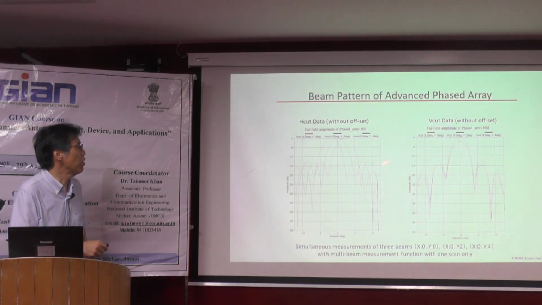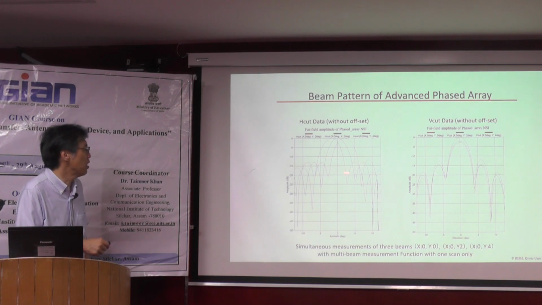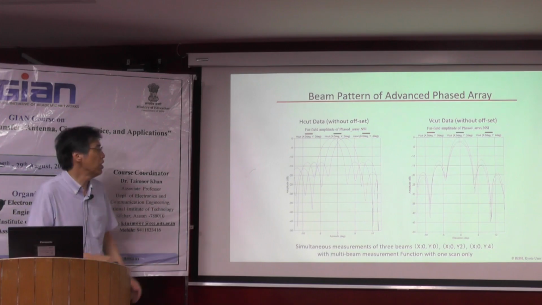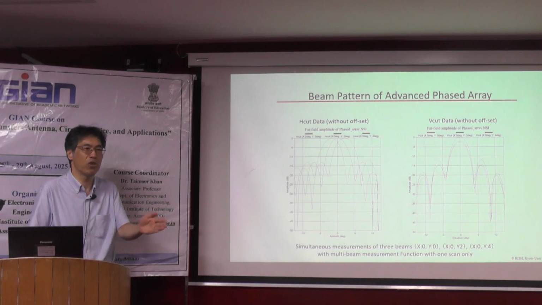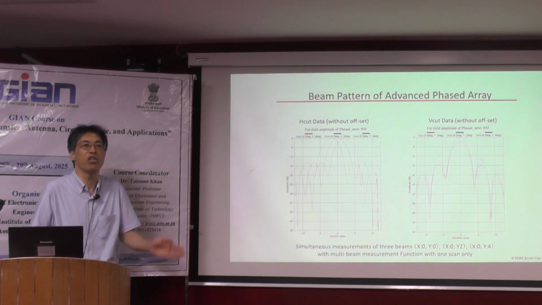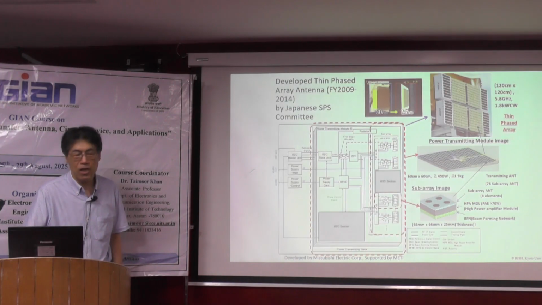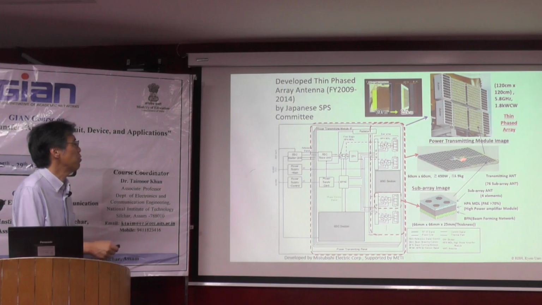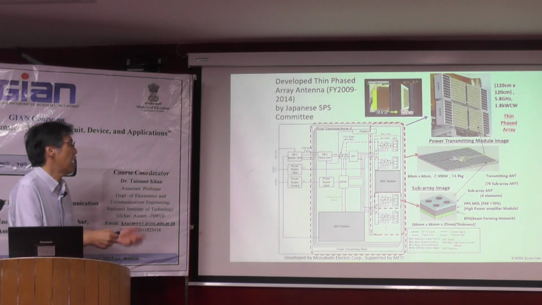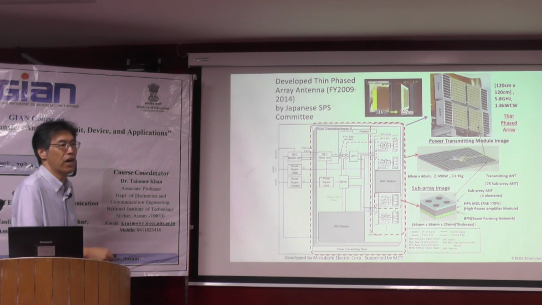And this is a beam forming pattern, a simulated and measured result. Here you can see we control the beam direction. This is the H cut and V cut, which means we can control the beam direction in the x-axis and y-axis, three-dimensionally. Based on this Kyoto University phased array, in the METI project phase 1, as I mentioned yesterday, the Japanese developed a very thin and higher efficiency phased array antenna.